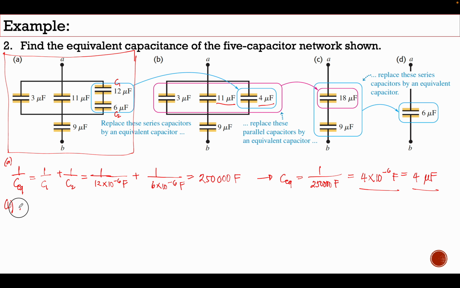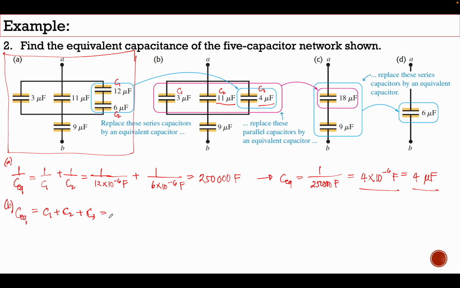So equivalent capacitance in parallel is just the sum of the individual capacitors. So let's have it as C1 plus C2 plus C3.